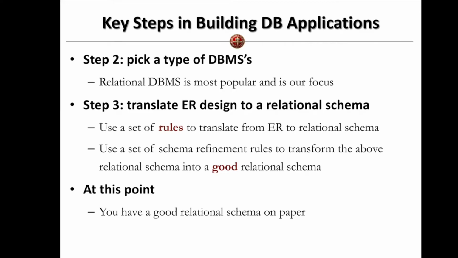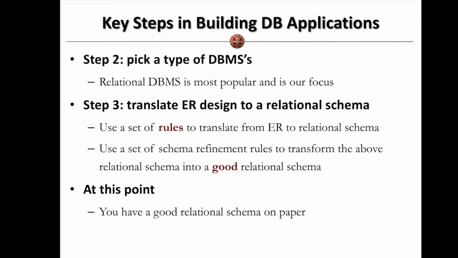And then in the following steps, we need to translate the ER diagram into some language that the machine can understand. You can see the ER diagram is something which is very easy for human beings to draw. However, for machines, it's very hard to process the ER diagram. Then we need to do a translation from the ER design to some relational schemas.